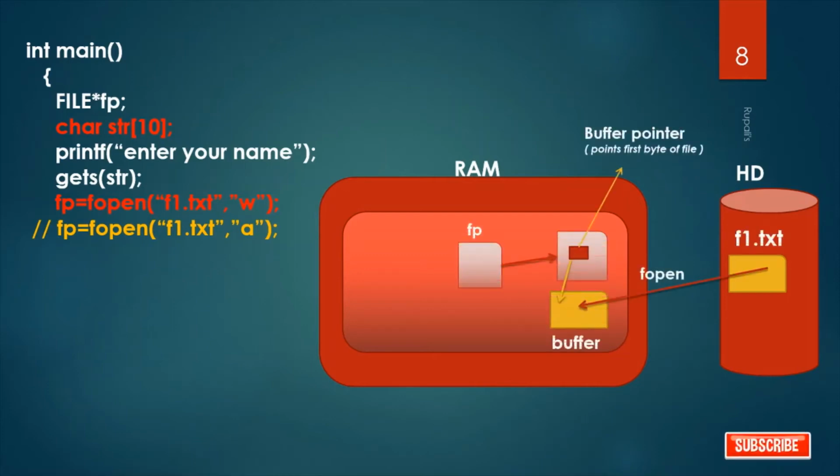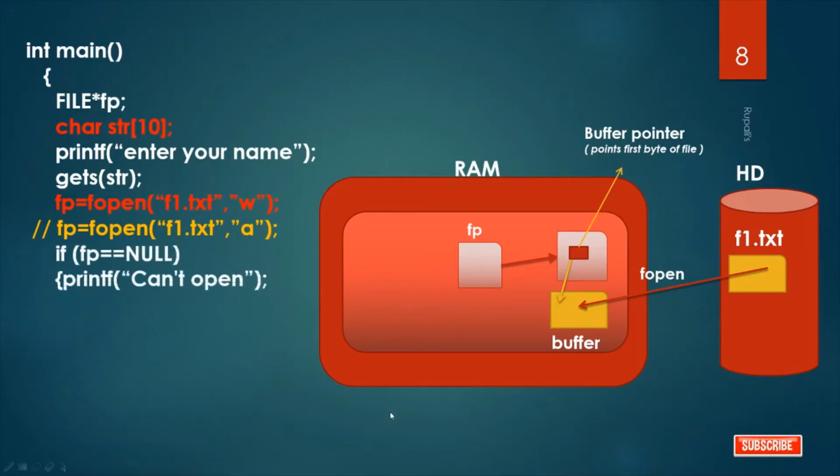So when I call the fopen function, this function loads the file from hard disk to memory in a buffer. So hard disk to buffer. The buffer pointer points to the first byte of this file and fp points to the file structure, meaning fp holds the address of the file structure.